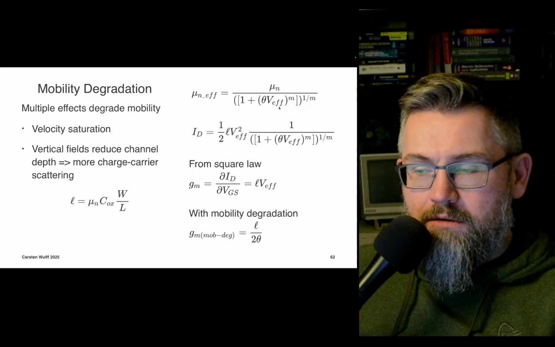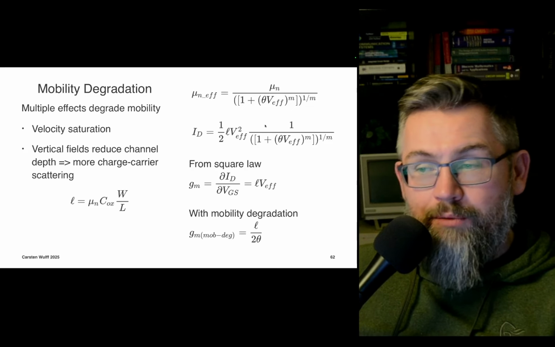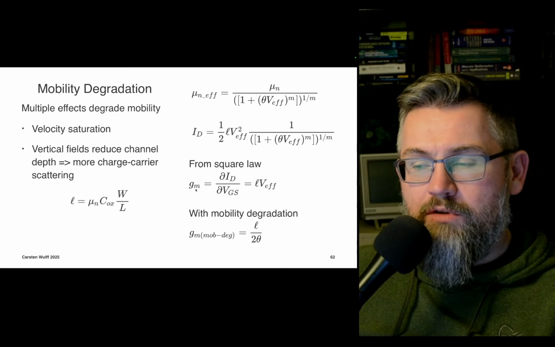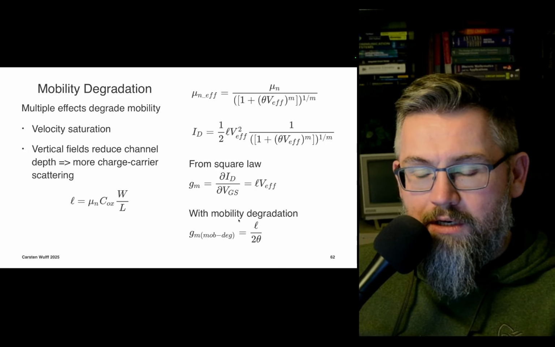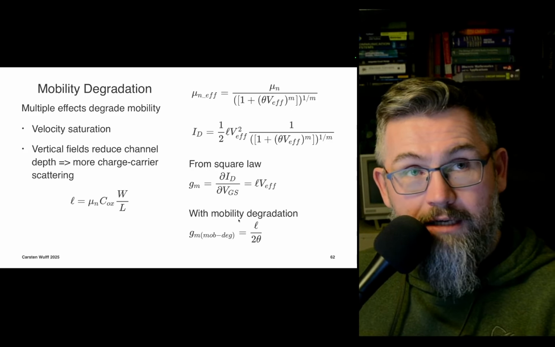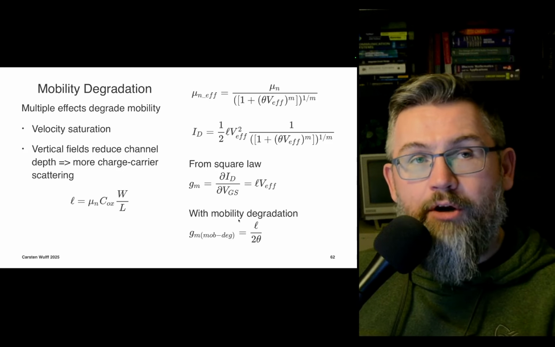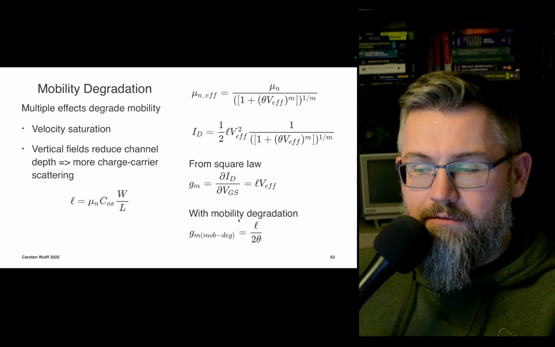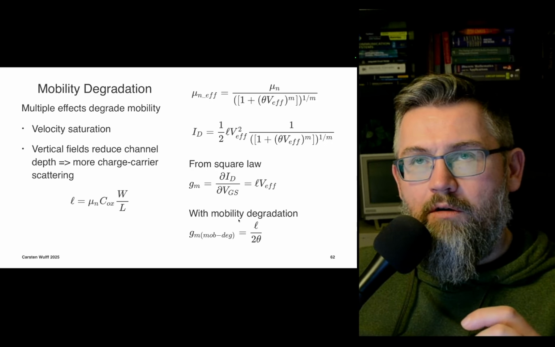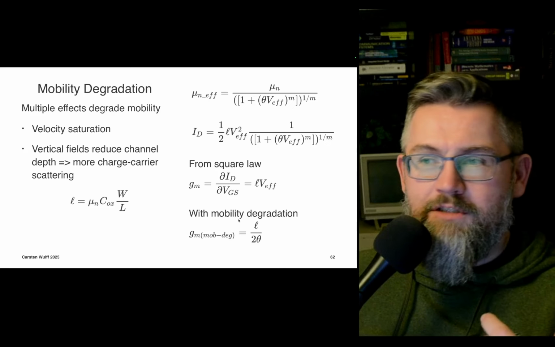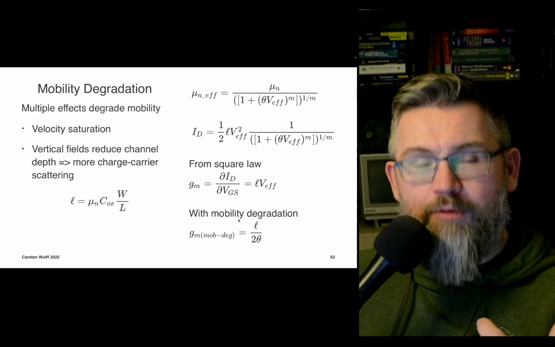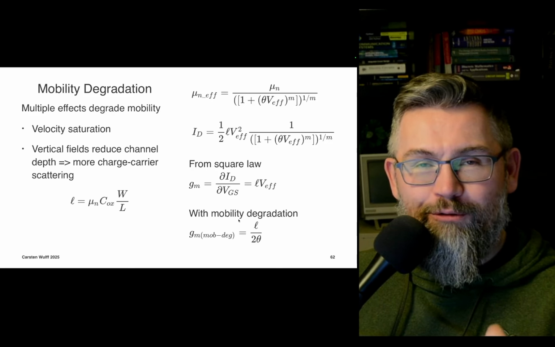Effectively what this does is when we insert it and we do the calculations again, it turns out that now we don't necessarily have a square law model anymore. It is slightly less than square law. Eventually, it might actually be only proportional to the effective voltage. So eventually, we don't really get much more current, and the square of the small signal voltage is no longer proportional to the current.